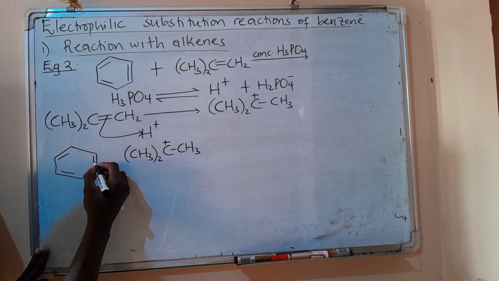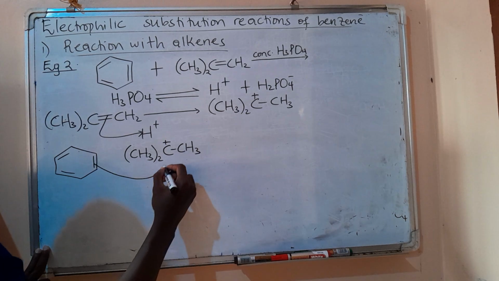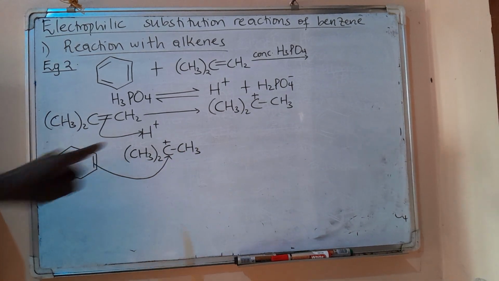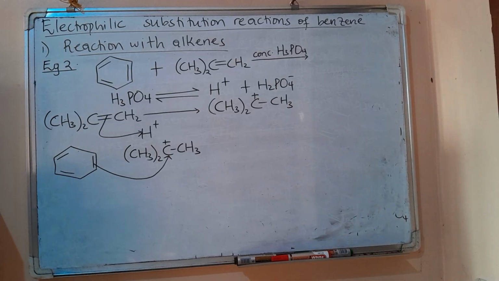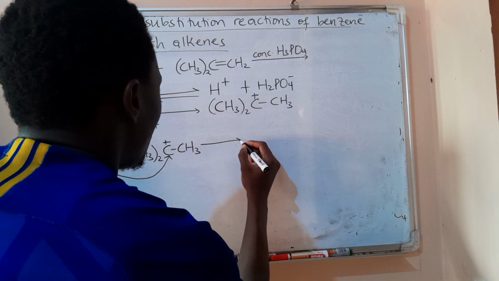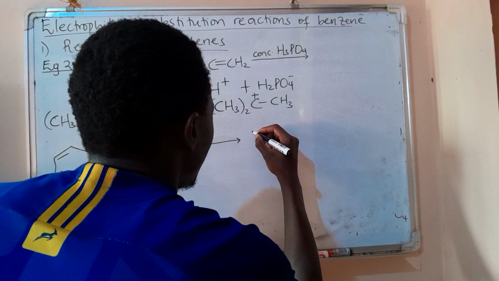So we have a center of high electron density that can donate electrons to specifically that carbon with a plus. So once it donates, we shall have the following.